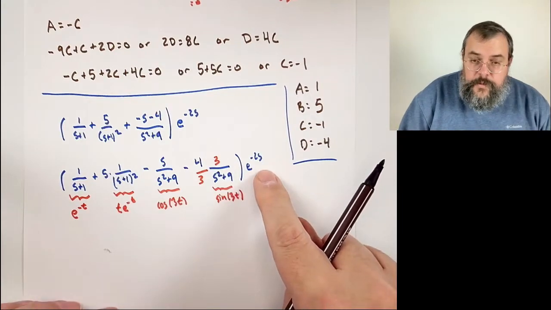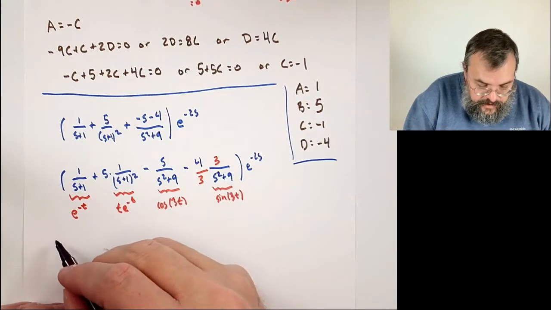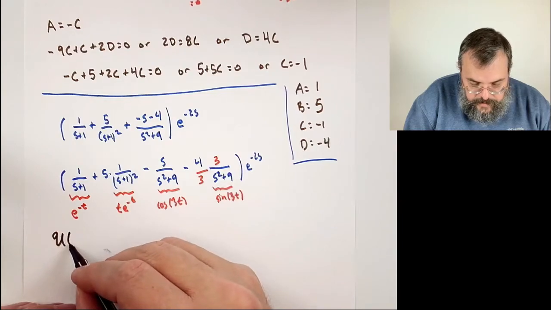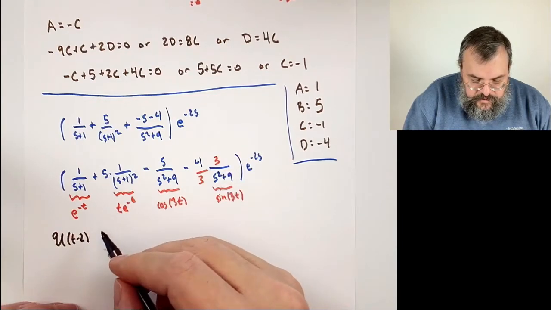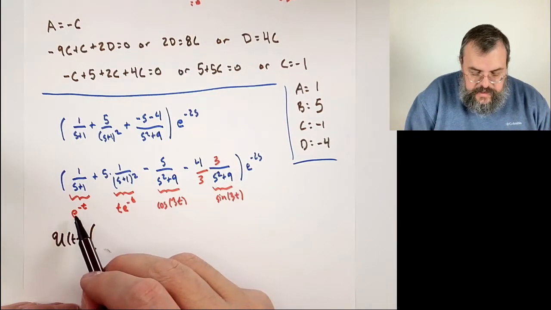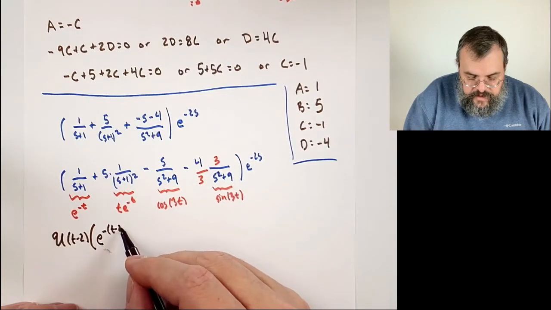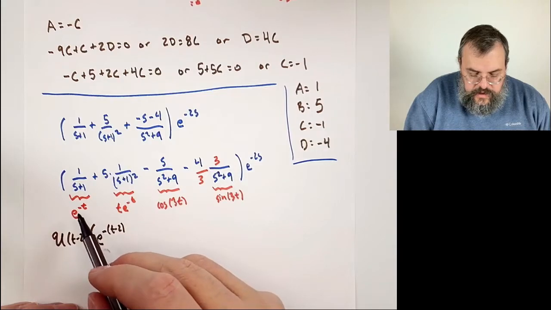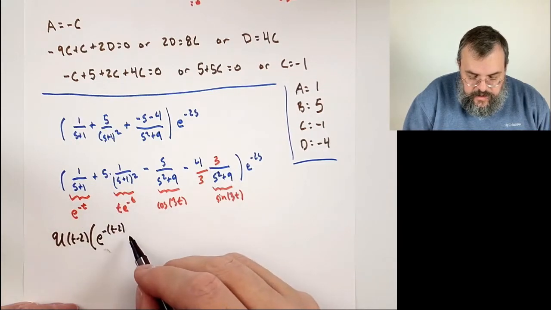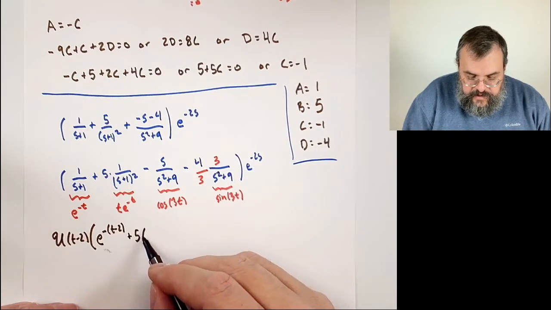So we're shifting by 2, so our unit step function is u of t minus 2, times. Now, everywhere where you see t, just make sure you have t minus 2. So e to the minus (t minus 2). Don't forget there's a 5.